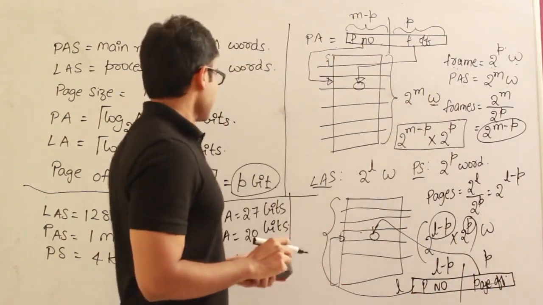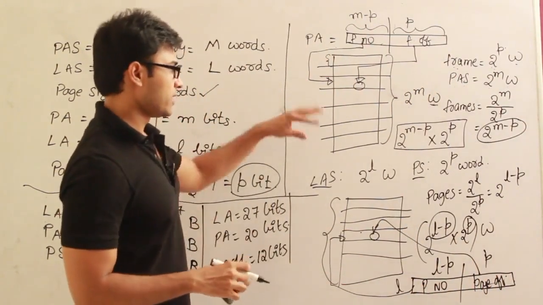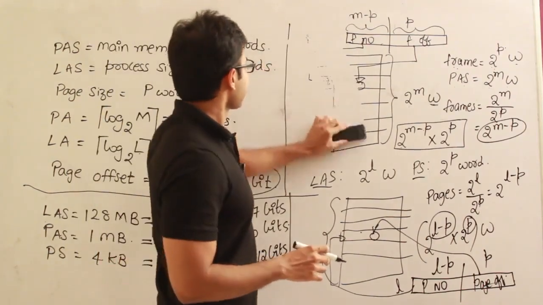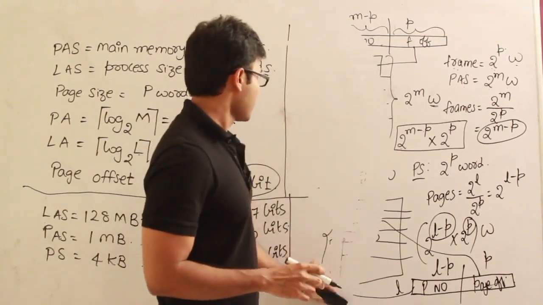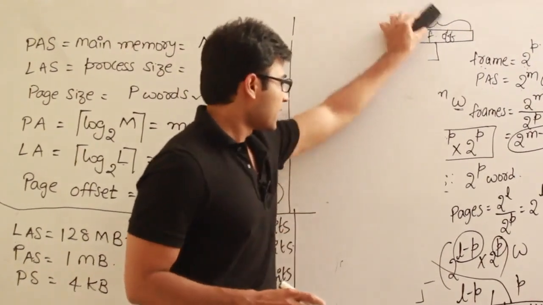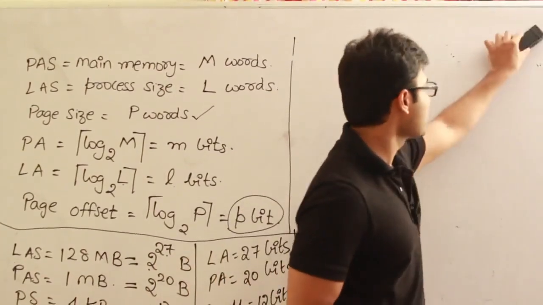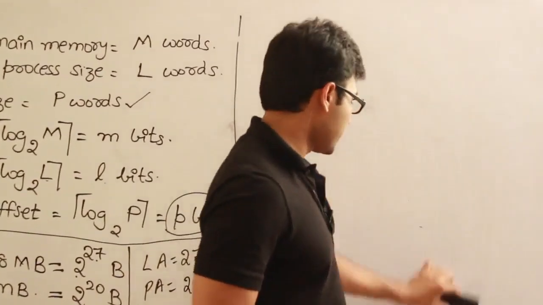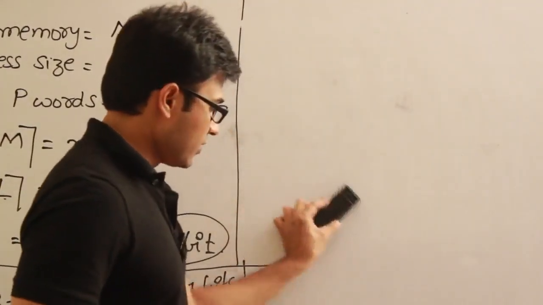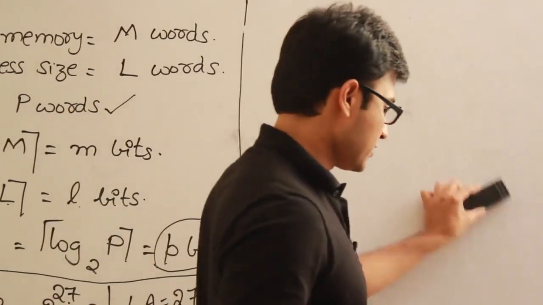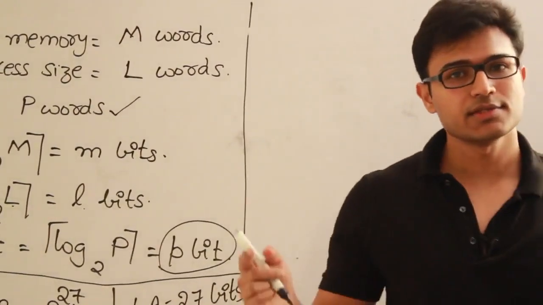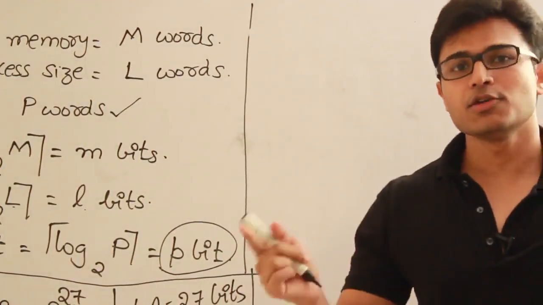So let me just extend this concept. Hope that you have taken down this. Now you understood one thing. Even though I have m bits in the physical address space, it is going to be divided into two parts: one is frame number and the other is frame offset. And even though we have L bits in the logical address space, it is also divided into two parts: one is page number and the other is page offset.